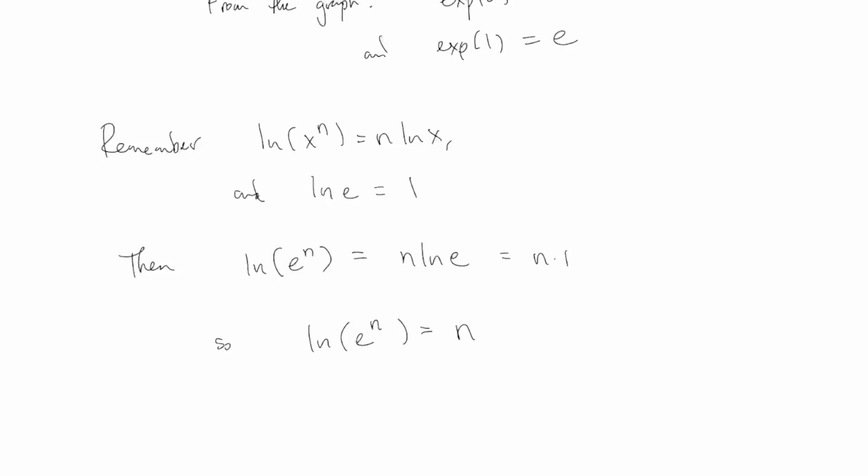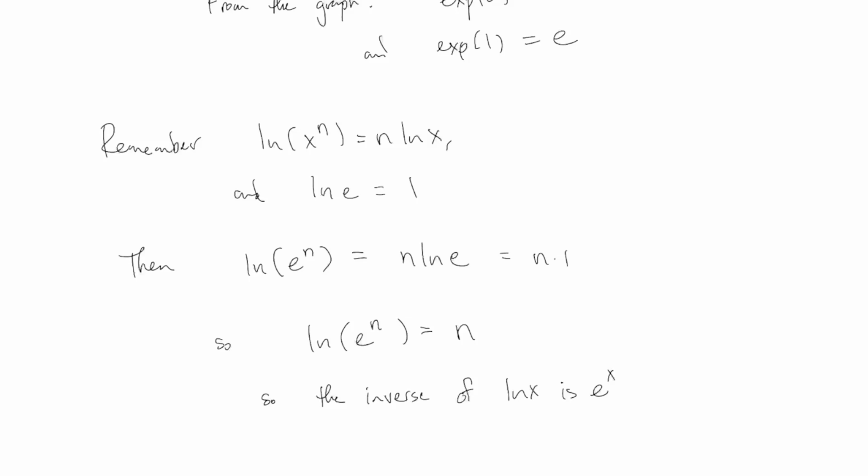And what that means is the inverse of ln of x is e to the x. Because when you plug one inside of the other, they cancel each other out. And that's what it means to be the inverse, right? Here I wrote it with an n, but this might as well have been written with an x.